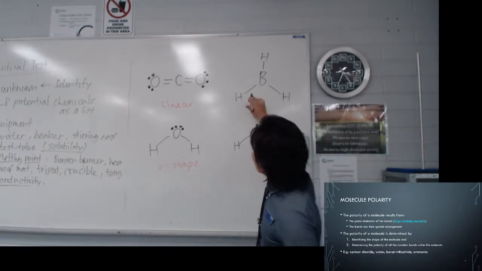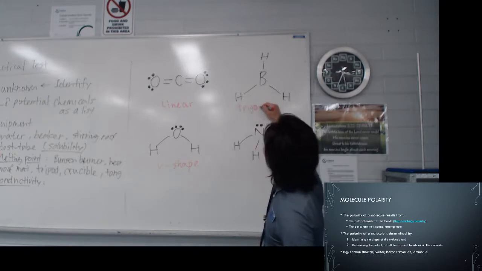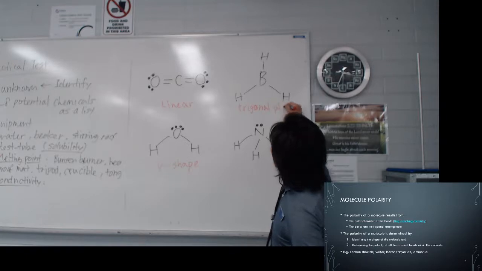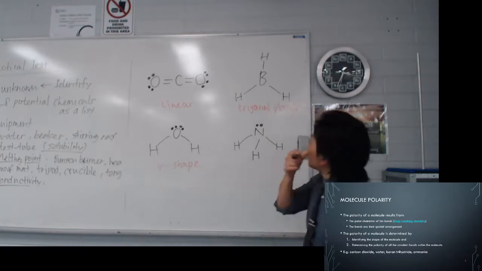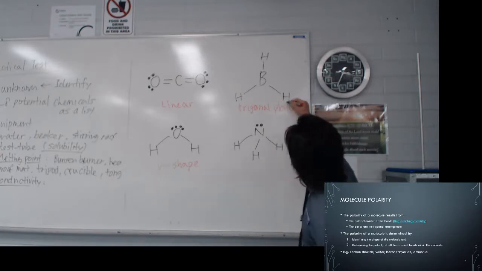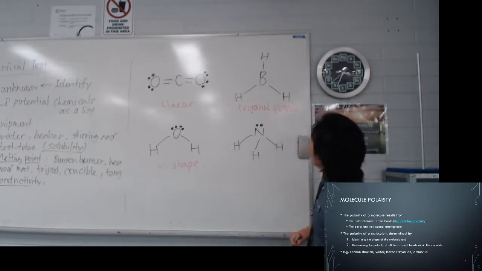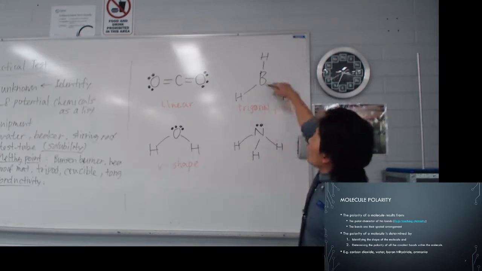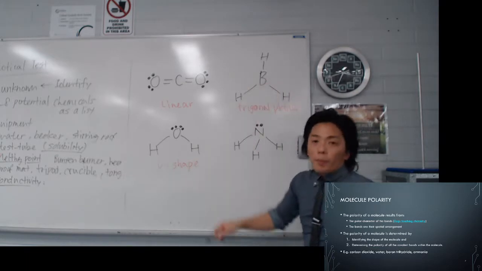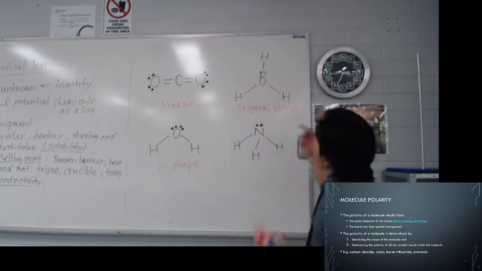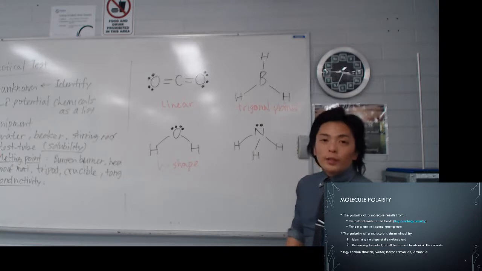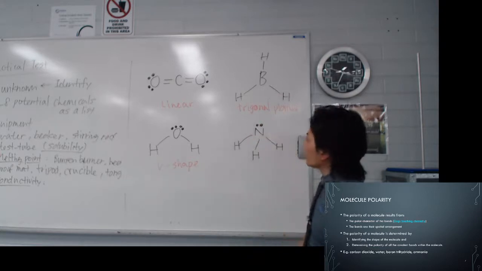Because of that, this is called trigonal planar. So it's flat, and boron doesn't have any lone pair of electrons. So that's it. BH3, just a triangular flat shape.